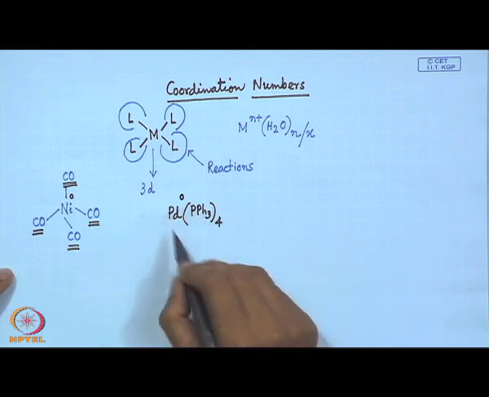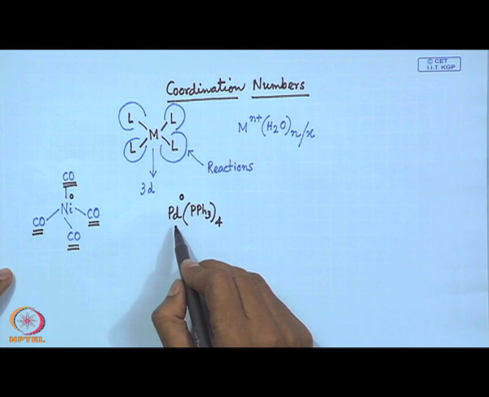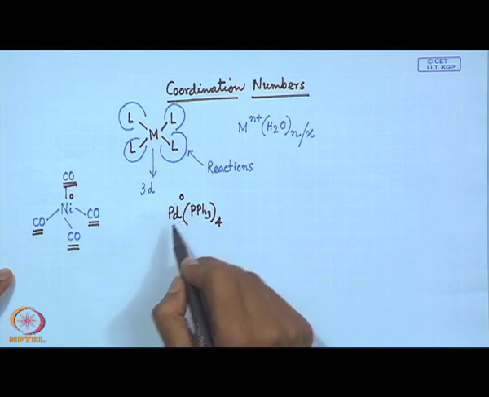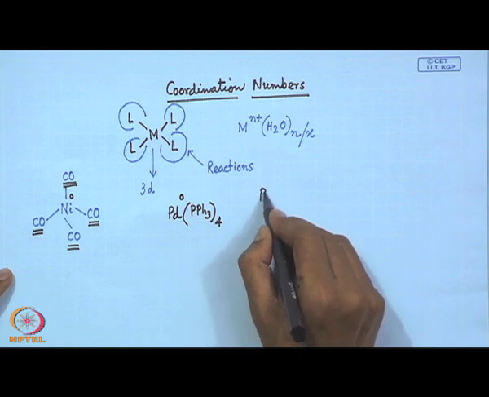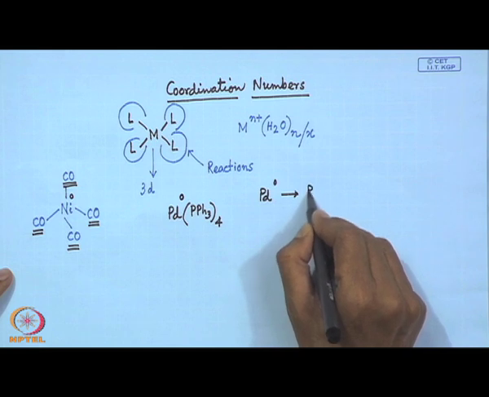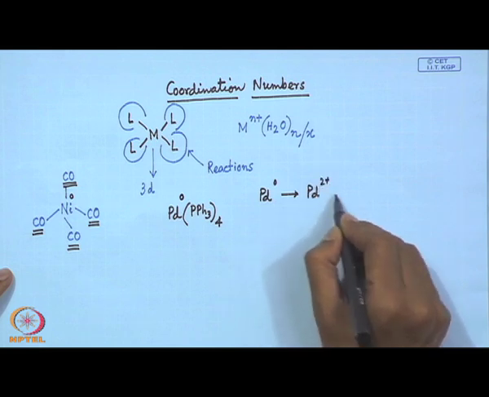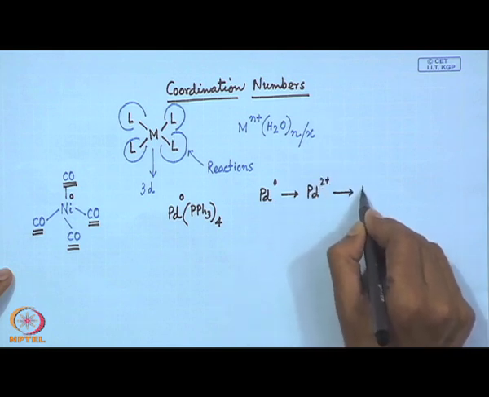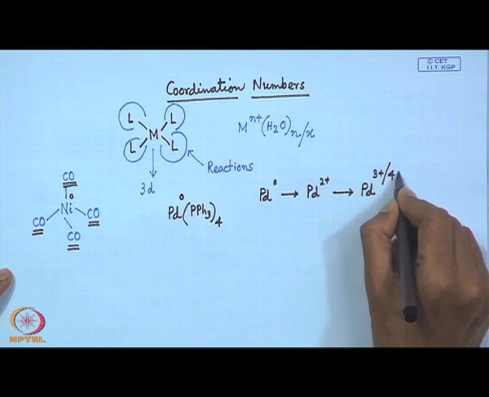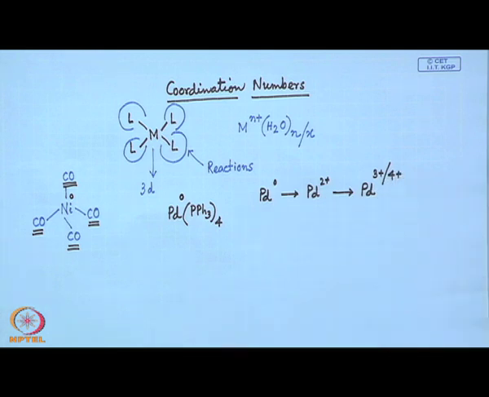And this will give some important properties related to the palladium 0 oxidation state, because it can go from palladium 0 to palladium 2 plus, or sometimes the same center can go to some other oxidation states like the trivalent as well as the tetravalent oxidation states.